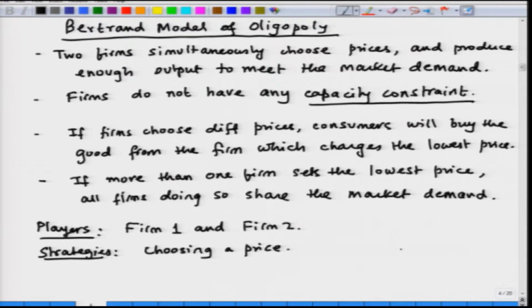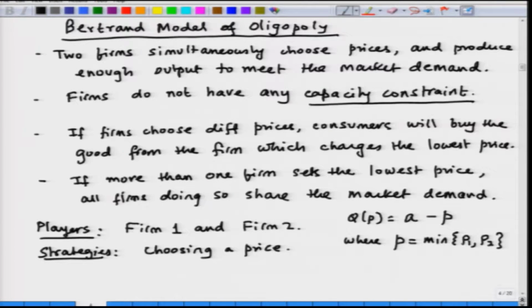Let us first write down what the demand curve is. The demand curve is given by Q equals A minus P, where P is the minimum of the price charged by the two firms. Recall that if firms choose different prices, consumers will buy the good from the firm which charges the lowest price.